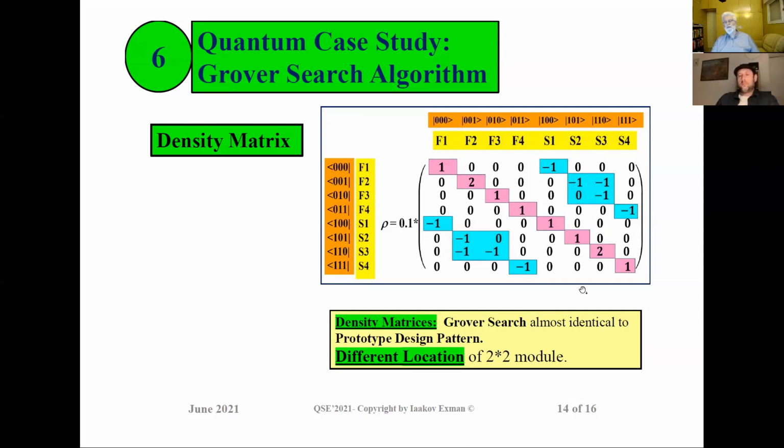One point which is obviously different is that the 2x2 module here is located in between the 1x1 modules, whereas in the classical case, it was in the top location.